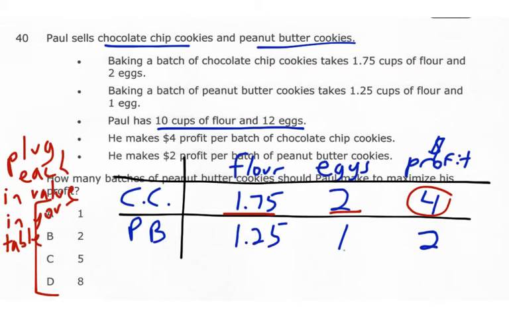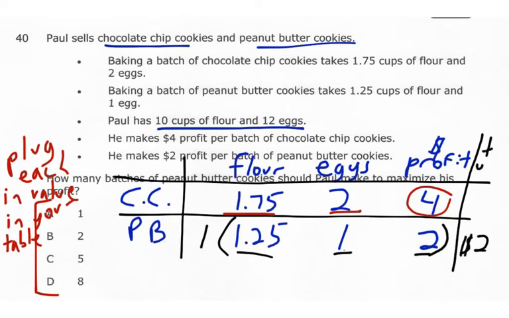So, try every one. So, for instance, if I want to do 1 for peanut butter, that means I'm going to multiply everything by 1, which, as you probably know, means all these numbers stay the same. So we're only going to make $2. So the profit's going to be $2.